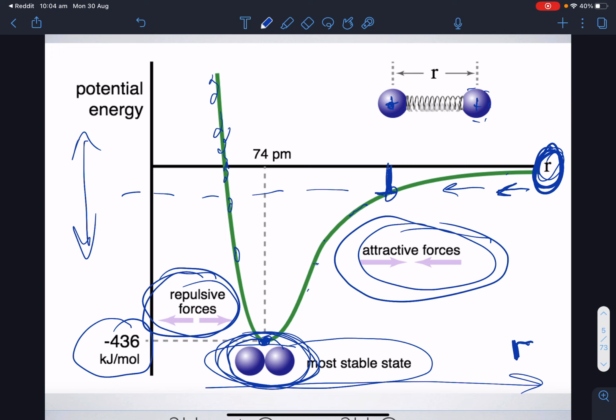So if they're going closer together, that energy lessens until it becomes positive, and you've got to push them together, put energy into the system to get them to come closer. But this is why they form bonds. It's that nice sweet spot in this energy well, we sometimes call this. Energy well. It sits at the bottom of the energy well.